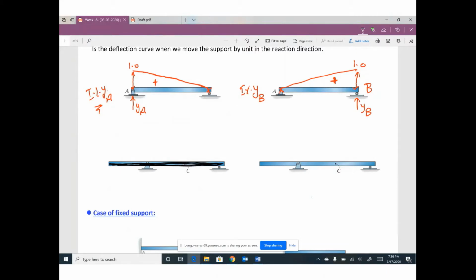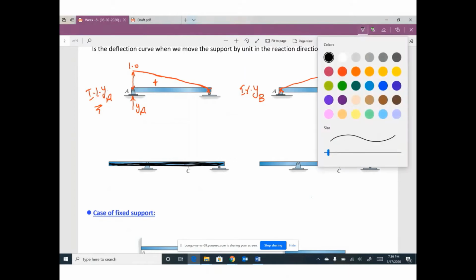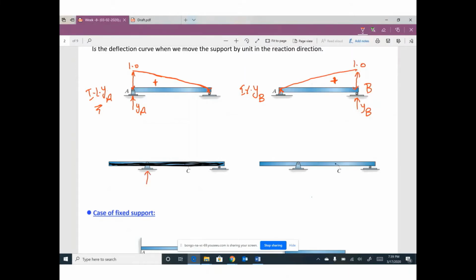So if you are looking to draw the influence line for this reaction YA, for example, I will push this support up by 1, any other support as it is. The new shape of your beam will remain aligned, so it looks something like this, one line. This diagram is positive and can be called the influence line for reaction YA.